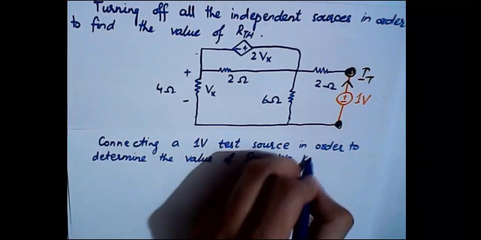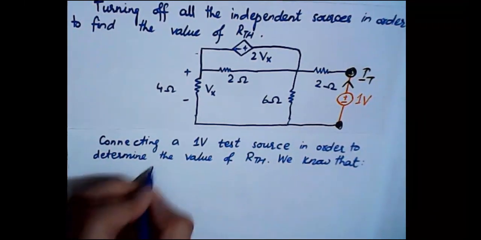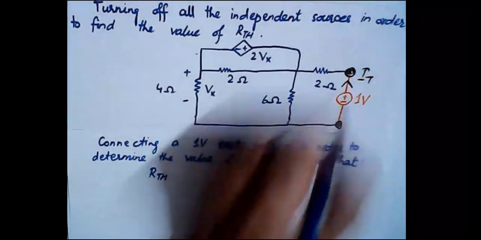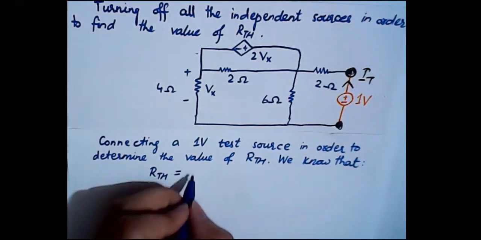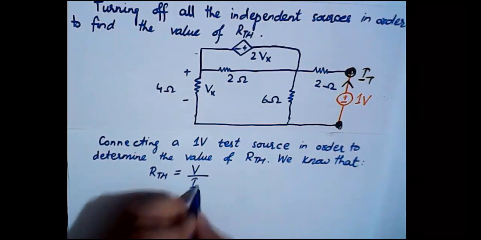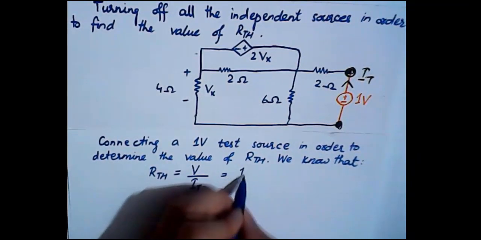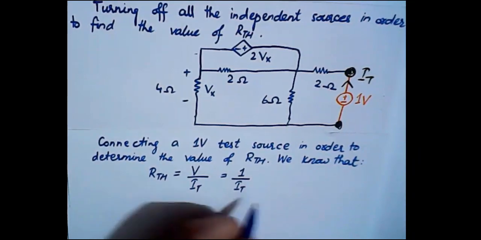We know that RThevenin, the resistance between these 2 points, as per Ohm's law is V divided by IT. V is 1 volt, so it will be 1 upon IT.